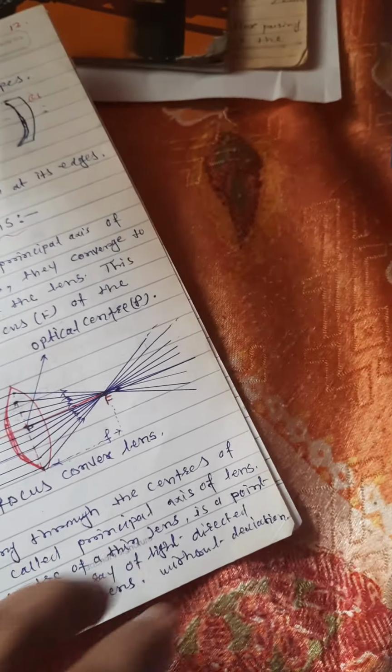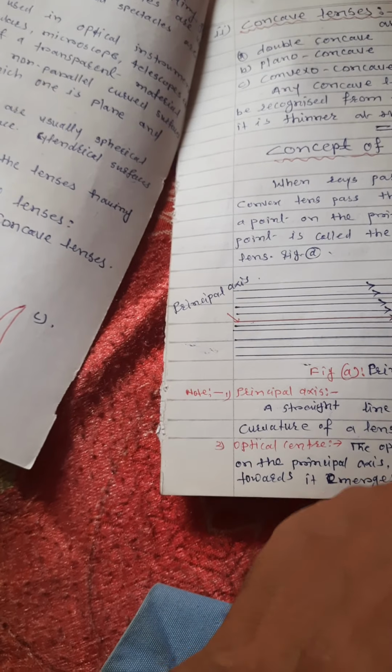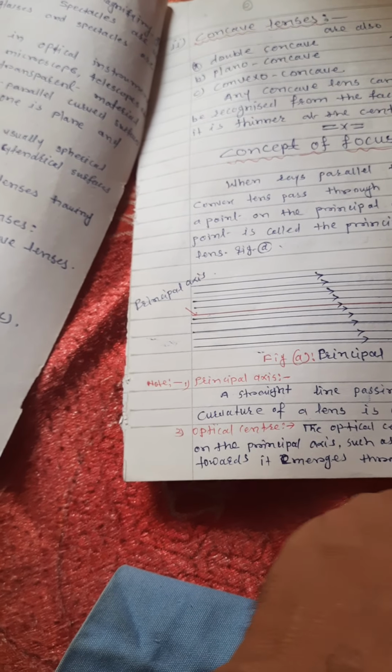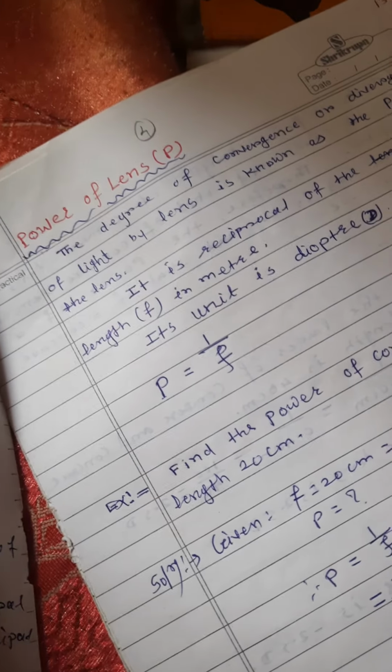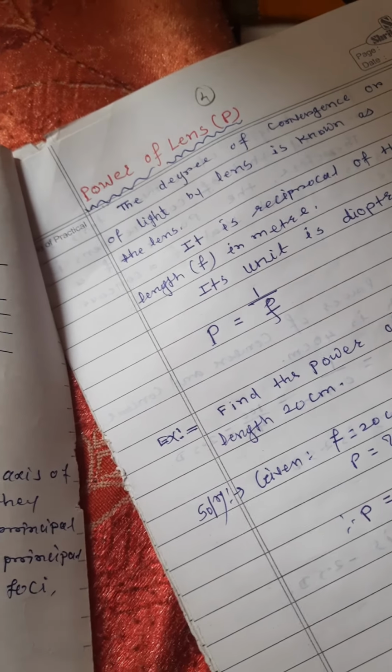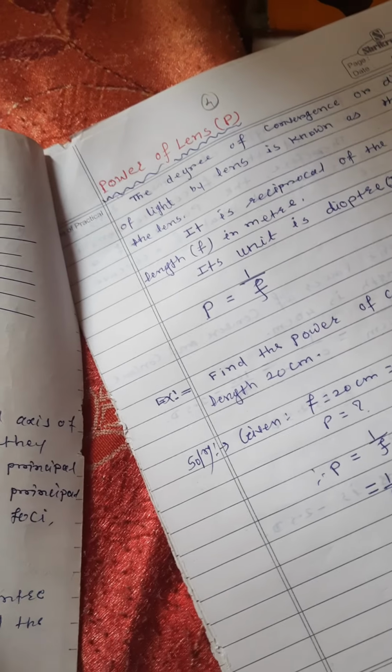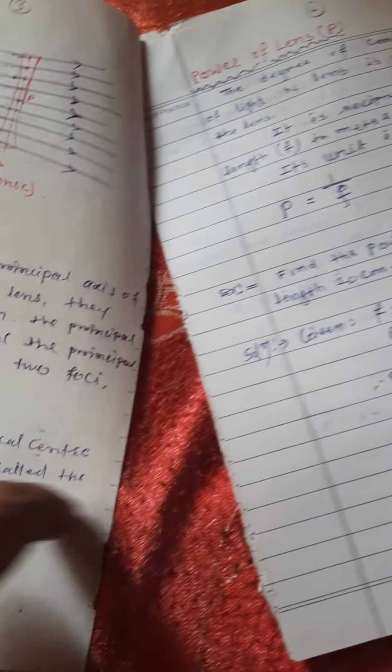The focal length of the convex lens or concave lens is the distance between the optical center and the principal focus F. In the concave lens, this is the principal axis and this is the principal point F. So this distance between the two points is called the focal length.